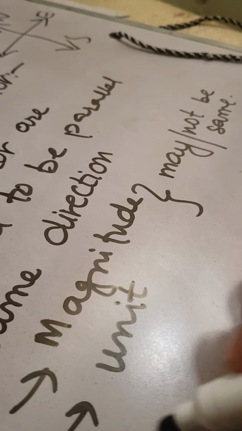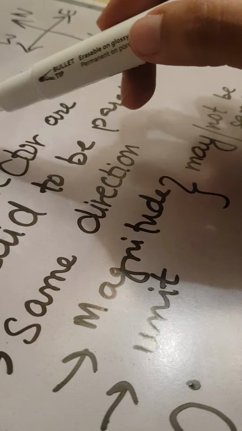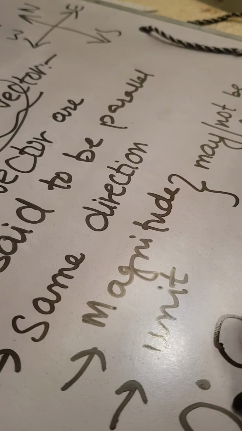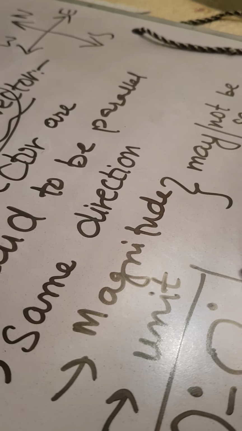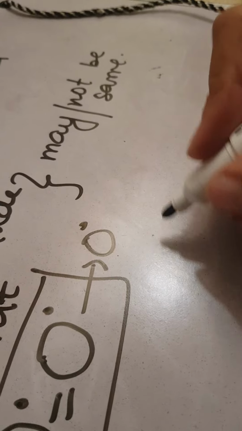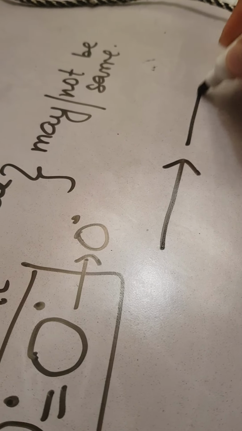So what is the angle that is made between parallel vectors? That is 0. This is a constant value: the angle formed between two parallel vectors is 0. For example, we have two vectors.